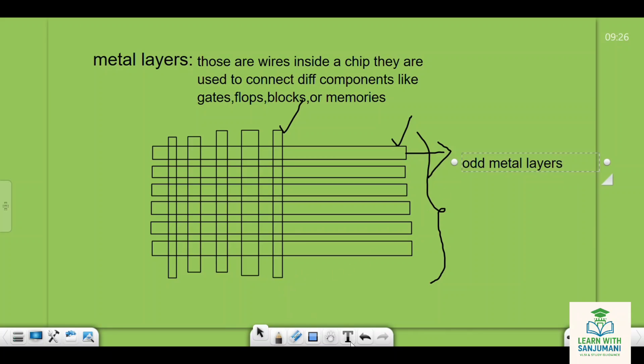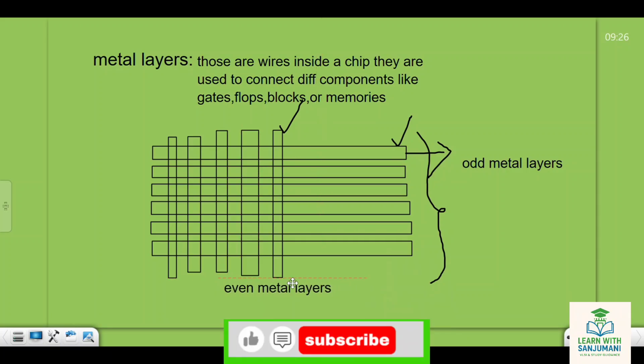Vertical metal layers are even metal layers.